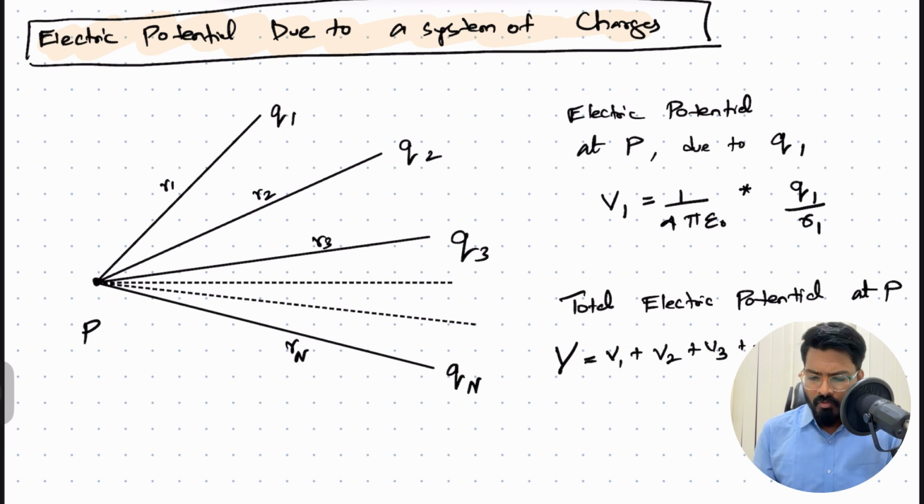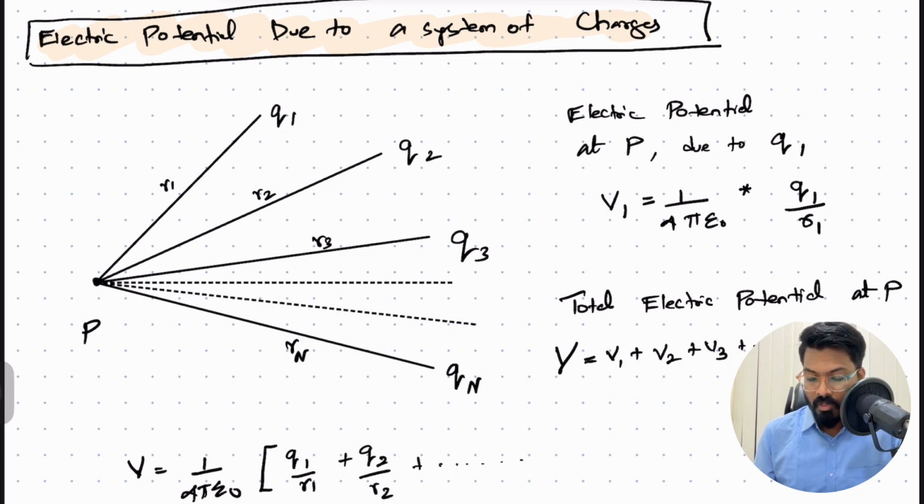Now this is nothing but V equals, we are going to have multiple terms, but 1 by 4 pi epsilon naught is going to be a common term in each of them, and the summation is going to look like Q1 by R1 plus Q2 by R2. It goes on up to Qn by Rn.